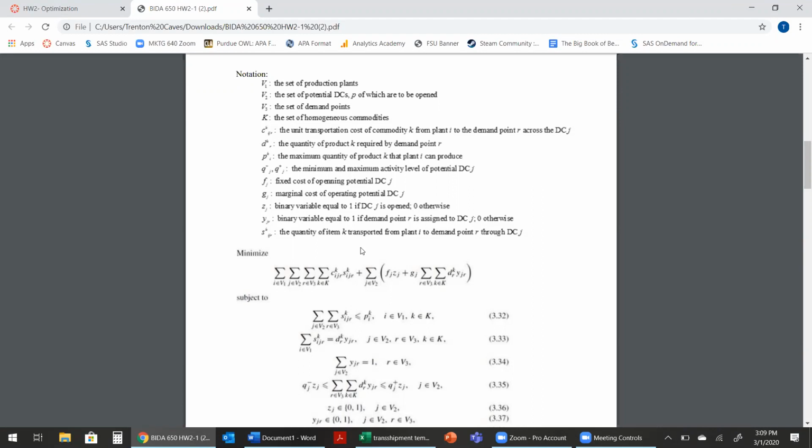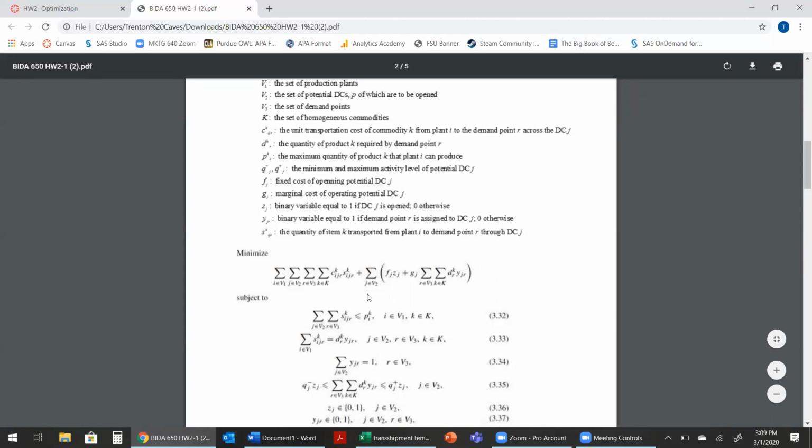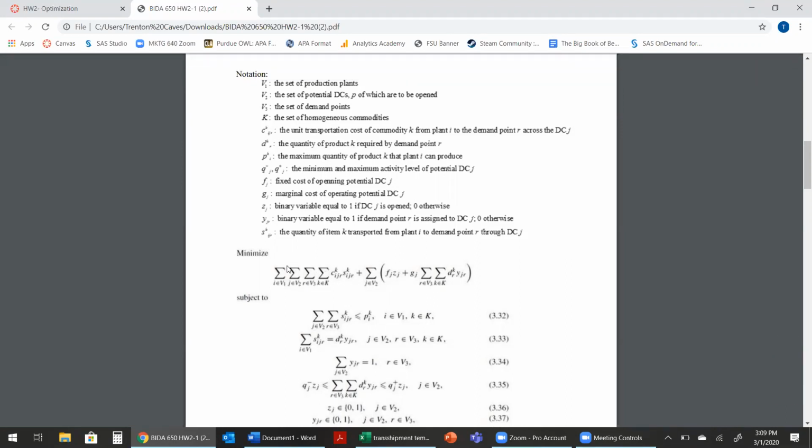So from left to right, we're going to break our equation into two halves. Break at the first plus sign. So the left half of the equation, the sigma over I subset V1, J subset V2, R subset V3, K subset K, is just telling us that it's looking at every individual unit.